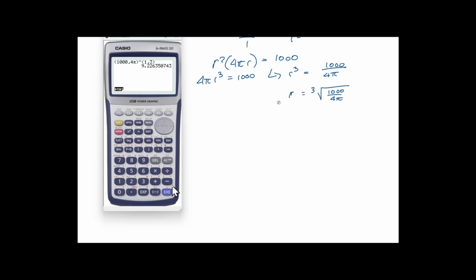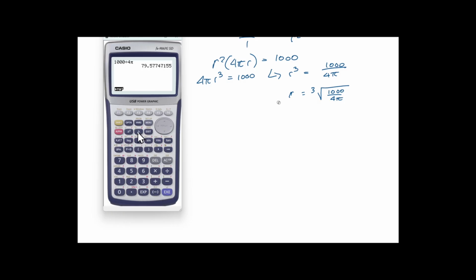All right, 2000 over 4 cubed. Oh, pays to check. So I thought that must be it. That's pretty big. So I'm going to find 1000 divided by 4 pi. That's that.